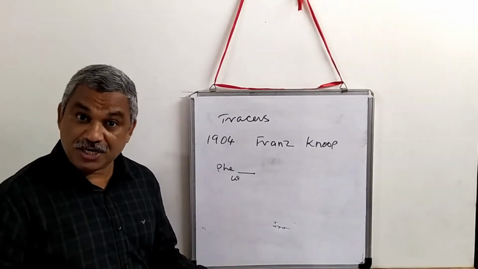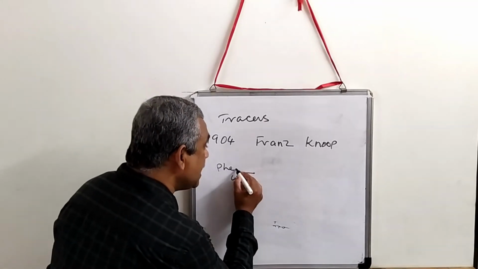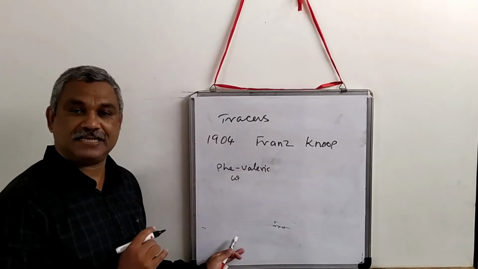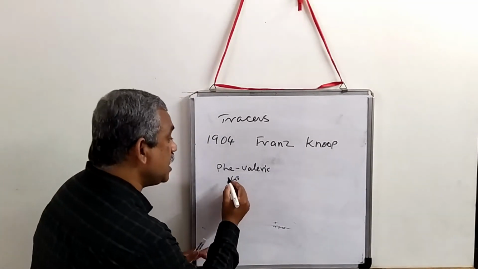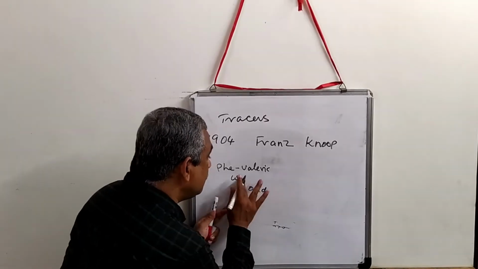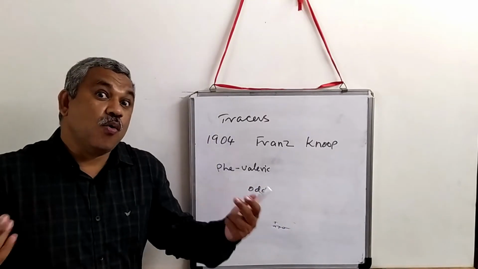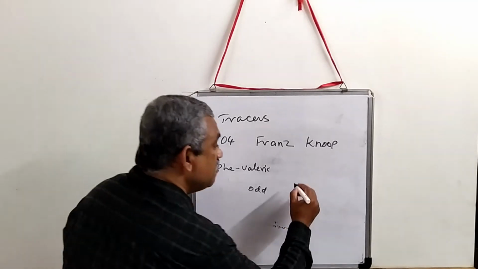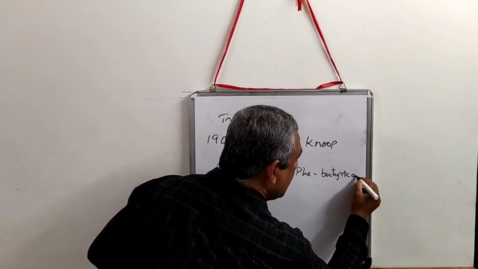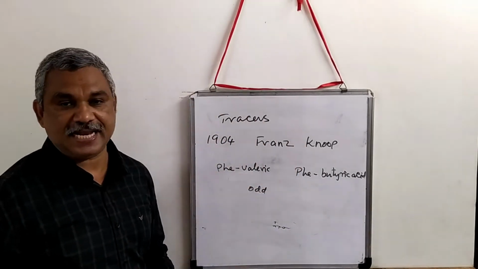One is an odd-numbered one, phenylated valeric acid. Then he also took phenylated butyric acid, phenylated at the omega carbon atom.